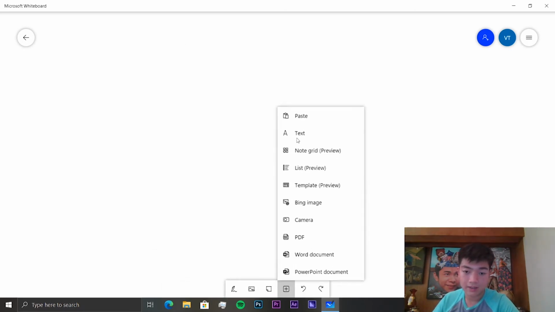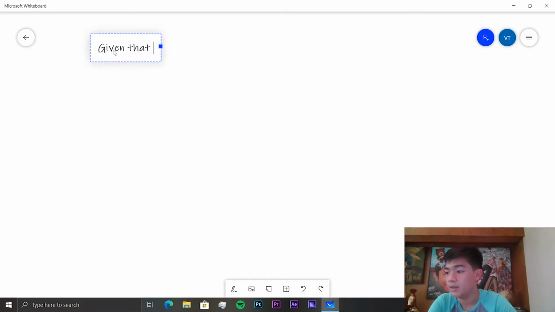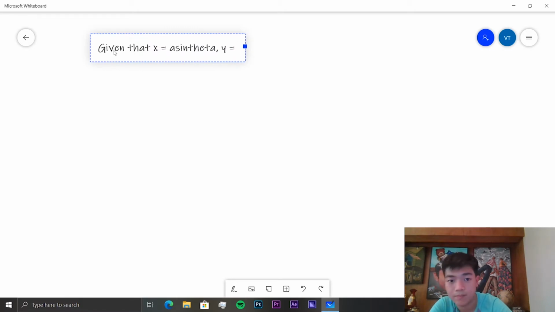Next, we're given that x is equal to a sine theta, y is equal to b cotangent theta, and z is equal to a secant theta.